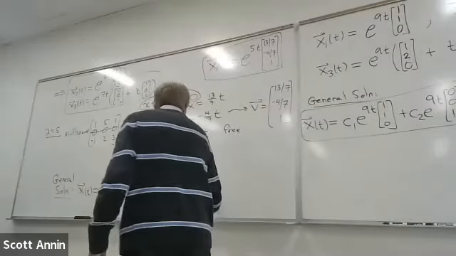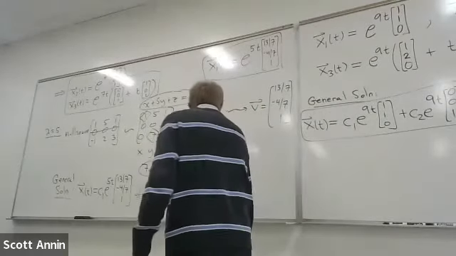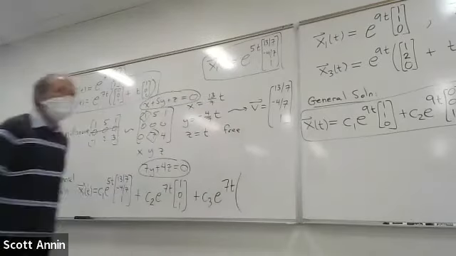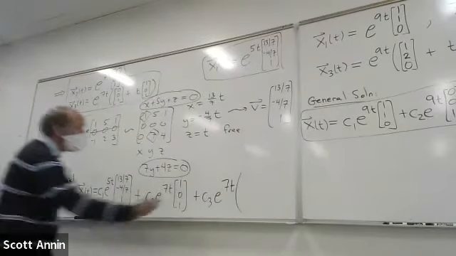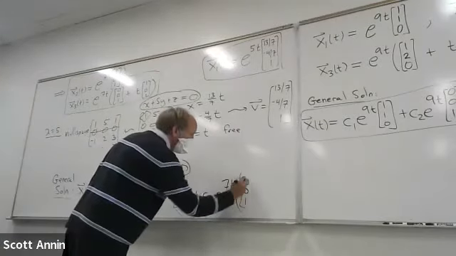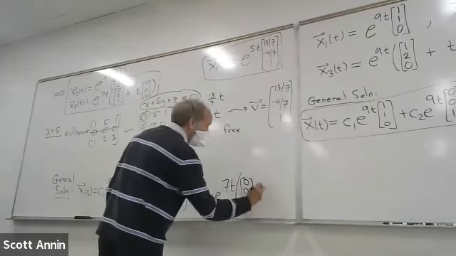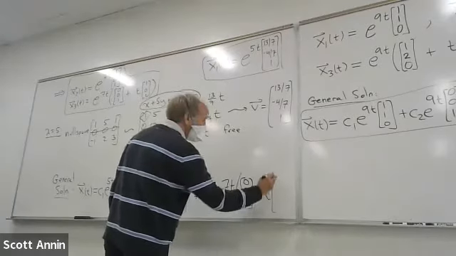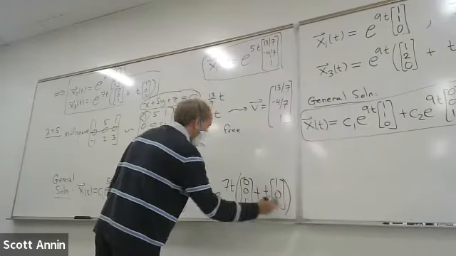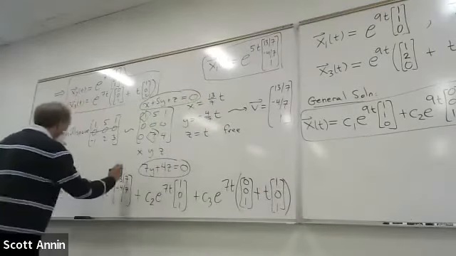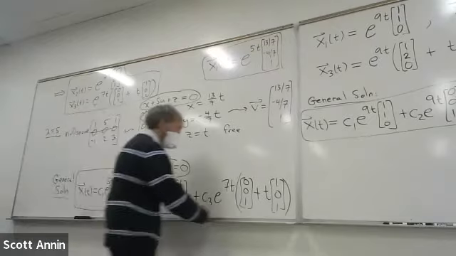And then we move over to the third term, c3 e to the 7t times the vector 0, 0, 1 plus t times 1, 0, 1. And so this becomes your final answer.